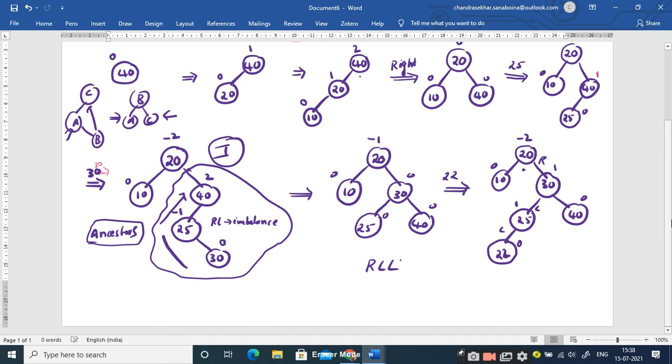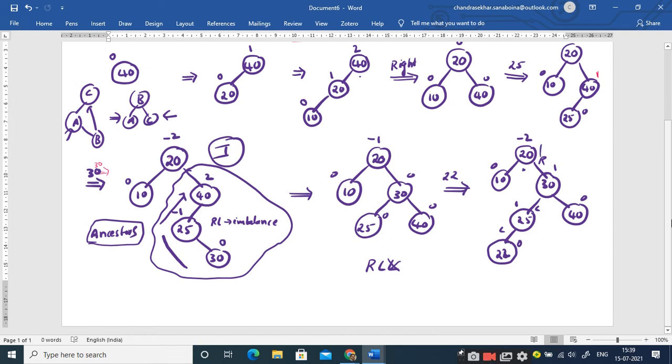So you just cancel this last L. The point I am going to stress here is, whatever new element you have inserted into the AVL tree, you are not going to consider it. Wherever you insert, that is not a problem for me. But you have to start considering the point where the imbalance has happened.